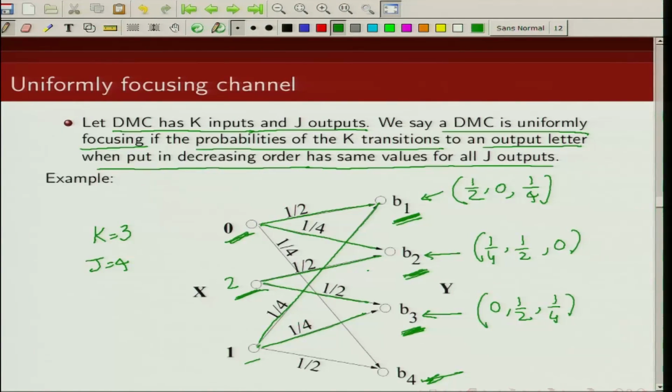And for this output, the transition probability from 0 is 1 by 4, from this input it is 0, and from this input it is half. So if I arrange all of them in descending order, whether I consider this output, this output, this output or this output, I'll get this.